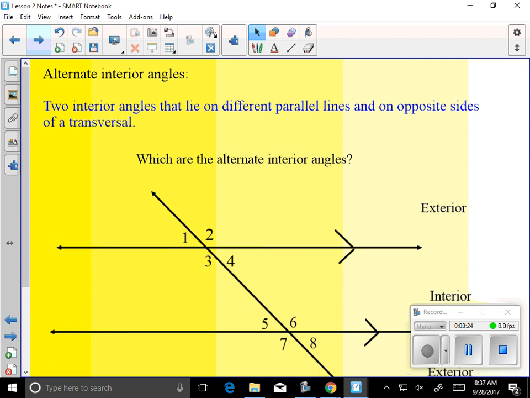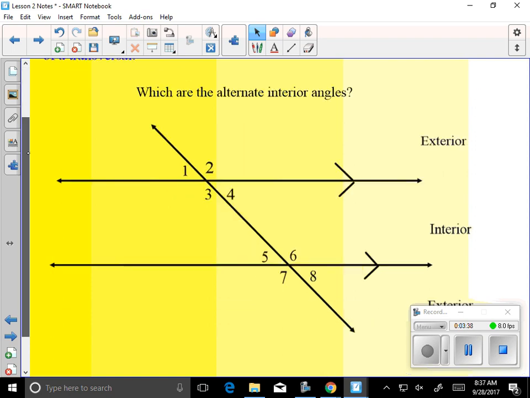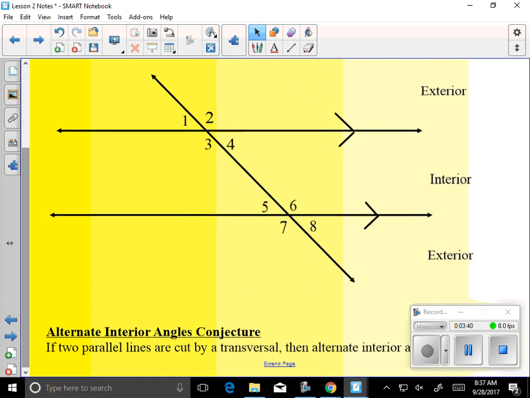All right, alternate interior angles. What does the word alternate mean? Change or opposite, right? Opposite side. First of all, interior. Interior tells us 4 angles, 3, 4, 5, and 6. Which ones are on alternate sides of the transversal? 3 and 6 are alternate interior angles.